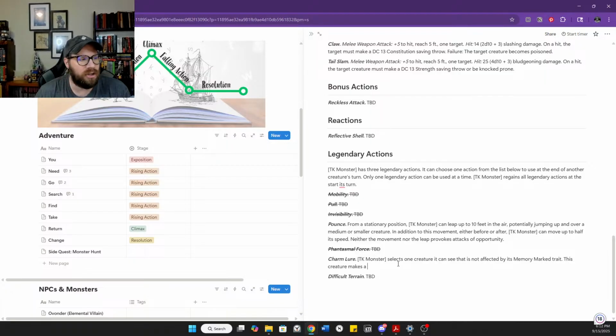Sometimes I like to lean into the charisma aspect here, because one of the things that I think a lot of people misunderstand about the game, and the ability scores in particular, is that charisma is not so much just how slick somebody is, or how glib they are, how eloquent they are.